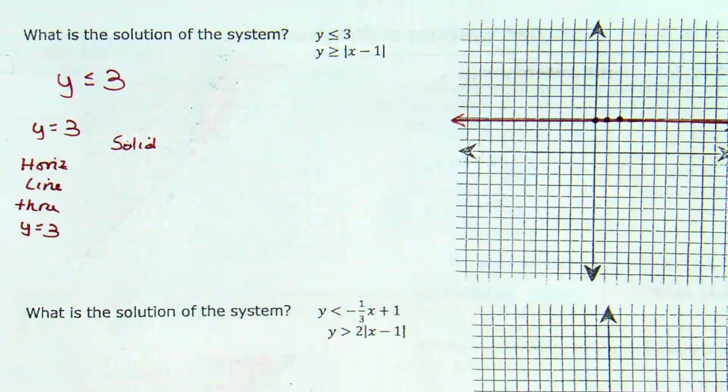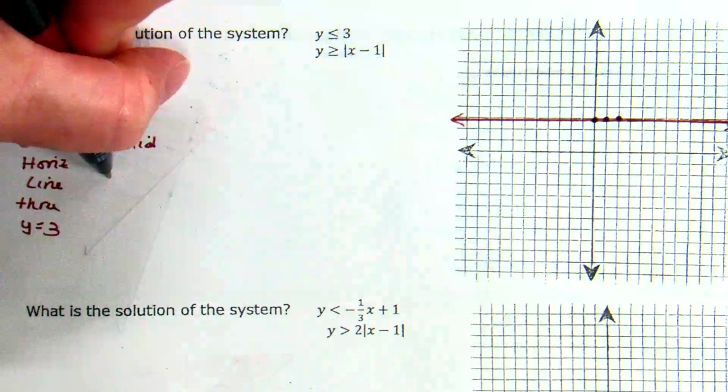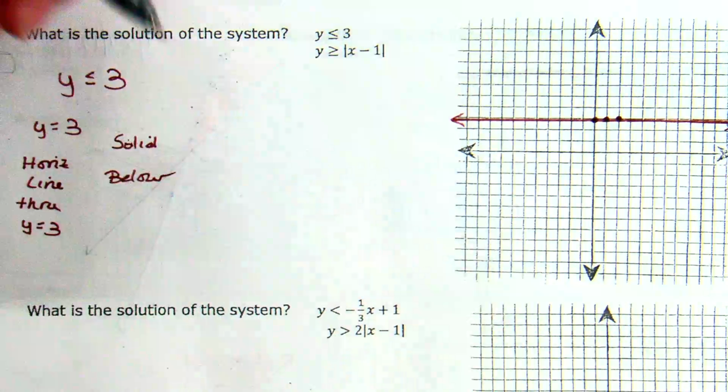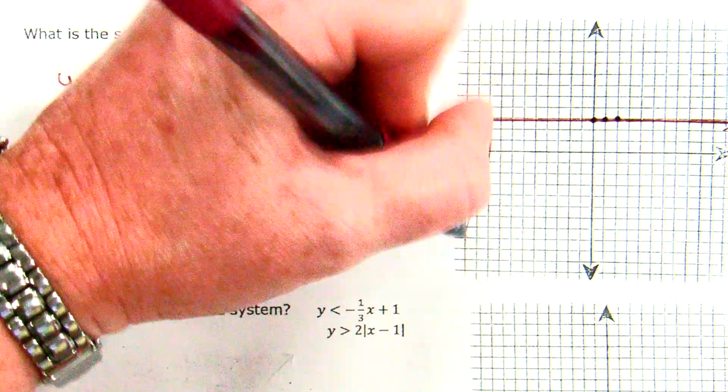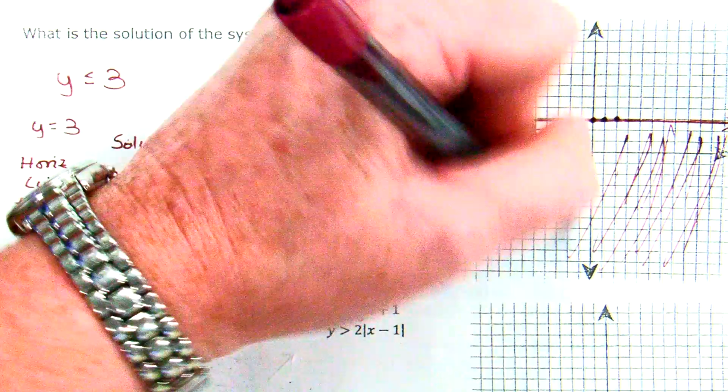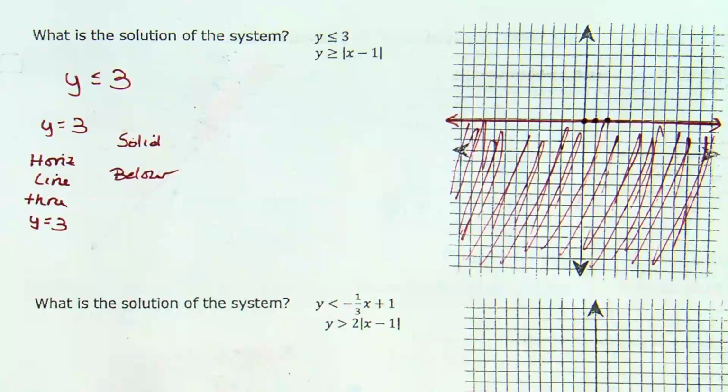It's less than, so we're going to shade below. Again, don't let your shading overtake everything, right? And I know it's hard for me to shade light in pen. It's easier to shade light in pencil.